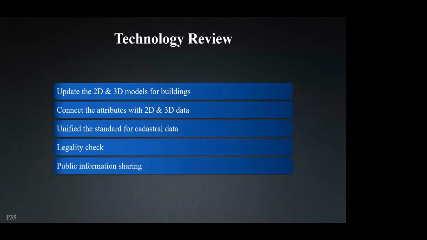So here we list some of the technologies we require to solve these issues. We should update the 2D data as well as build the 3D models for buildings, and also connect the attributes with 2D and 3D data, so we can manage the cadastre more conveniently, and also achieve information querying.